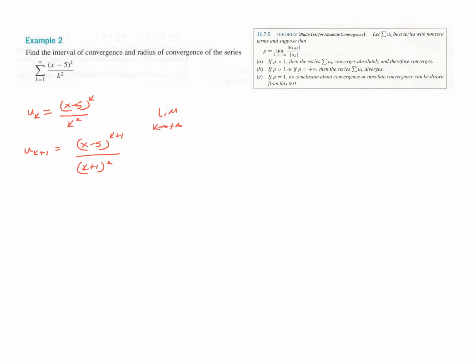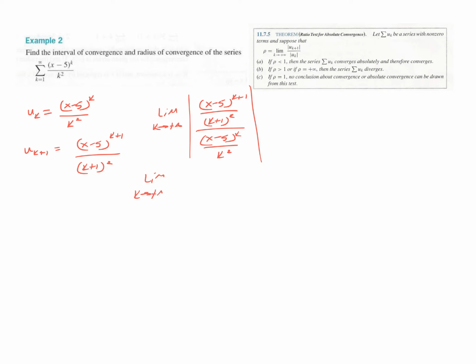So what do we get? Oh, compound fraction, that's going to be fun. x minus 5 to the k plus 1 over k plus 1 quantity squared, all over x minus 5 to the k over k squared, and we are absolute valuing that. All right, what are we going to do? What are we going to do?